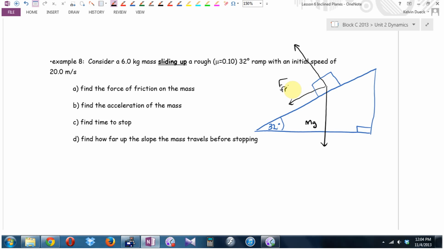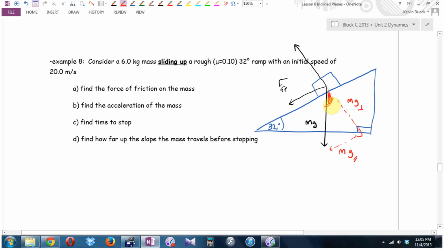But I'm going to break gravity up into its perpendicular and parallel components. Oh, and this angle here is the 32 degrees. We did our little proof, and we said if we all draw it that way, we'll be good.